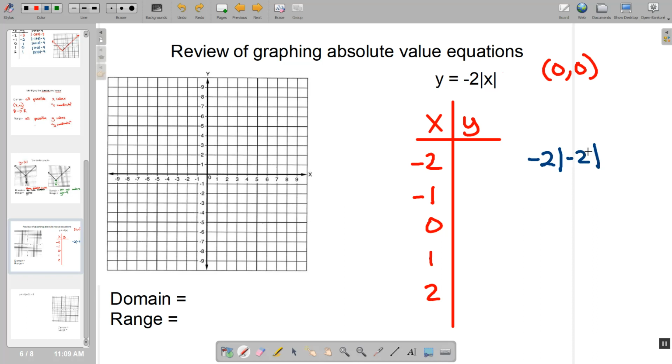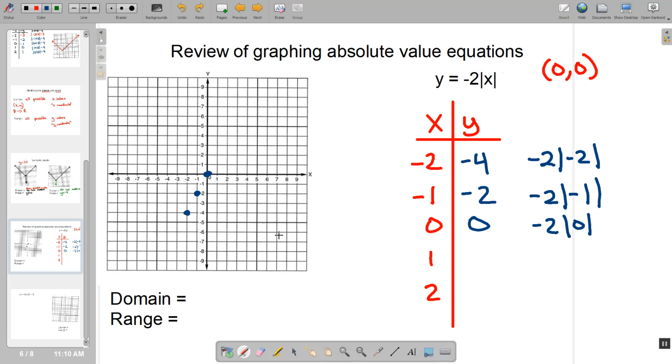Absolute value of -2 is +2. +2 times -2 is -4, which that one will be right here. For -1, I do -2 times the absolute value of -1. This is 1. 1 times -2 is -2, which is right there. And 0, so I do -2 times 0 is 0.